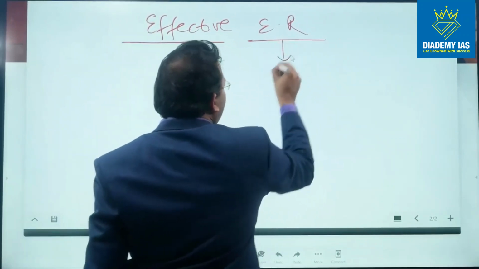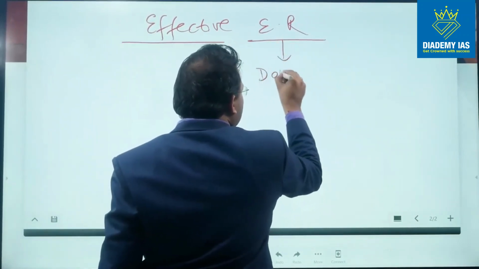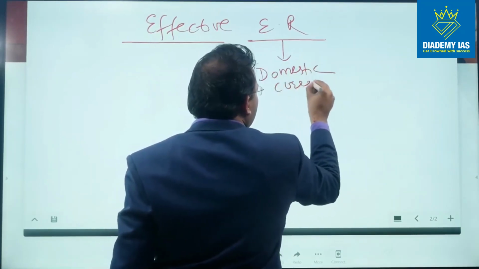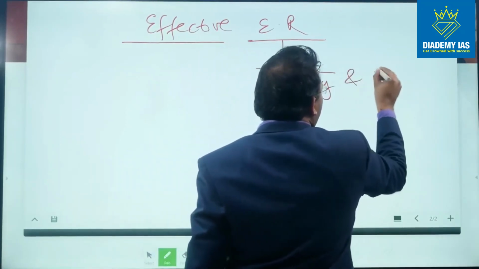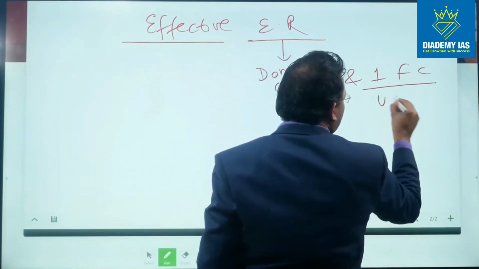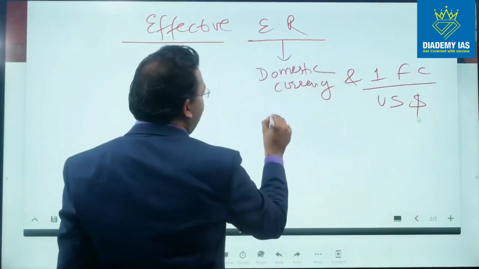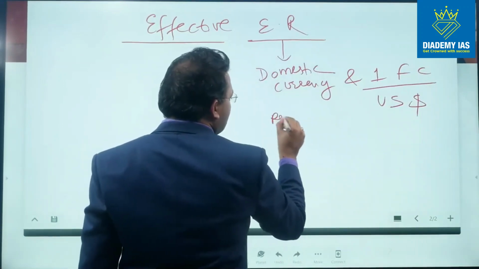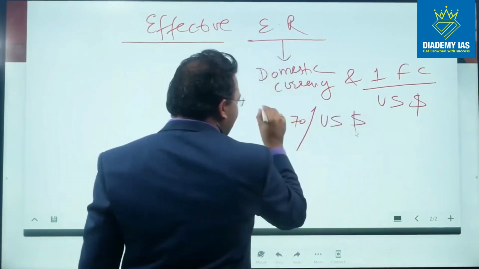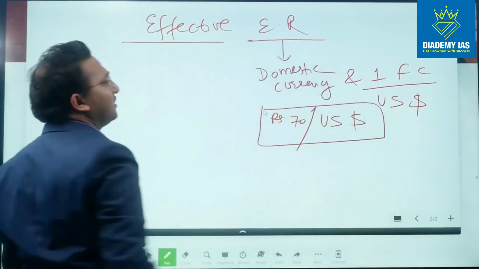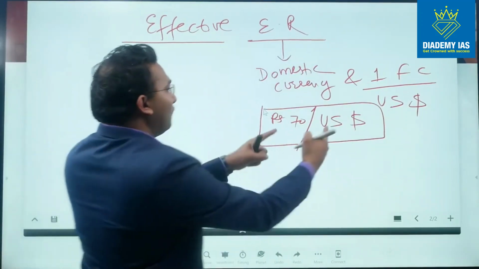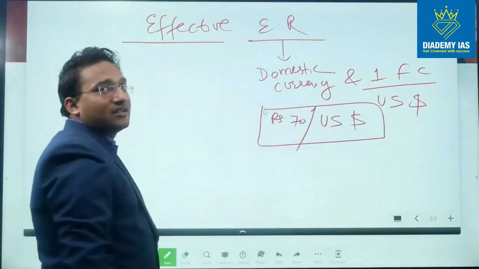Exchange rate we have already seen, it indicates the relationship between the domestic currency and one foreign currency, for example, US dollar. So when we say rupees 70 per US dollar, it indicates the relationship between the domestic currency and one foreign currency, that is the USA's currency.